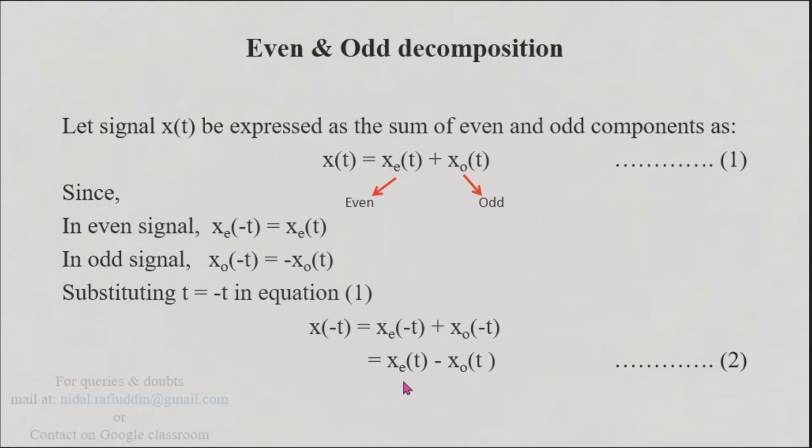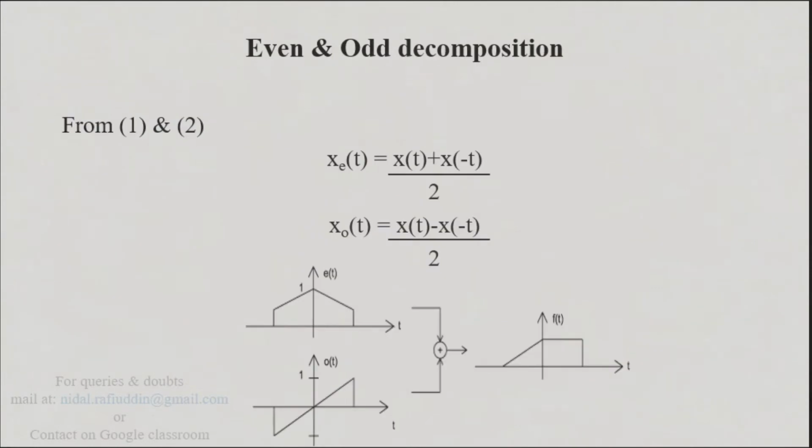So now we can obtain the expressions corresponding to the even and odd components using equations 1 and 2. If we add equations 1 and 2, we eliminate the xo(t) part, and what we are left with is x(t) plus x(-t) equal to 2 times xe(t), so xe(t) is x(t) plus x(-t) divided by 2.